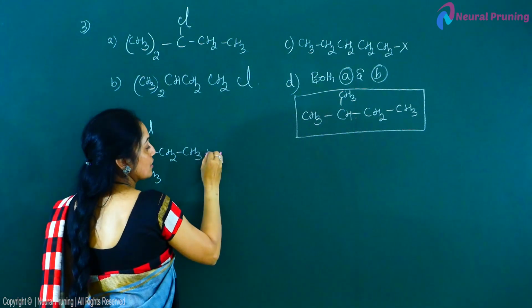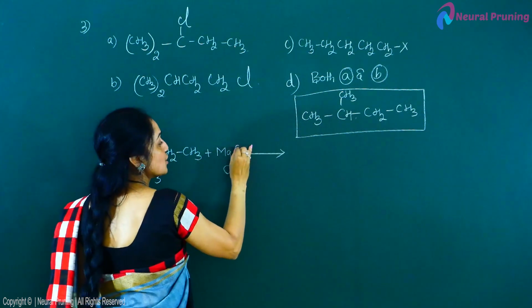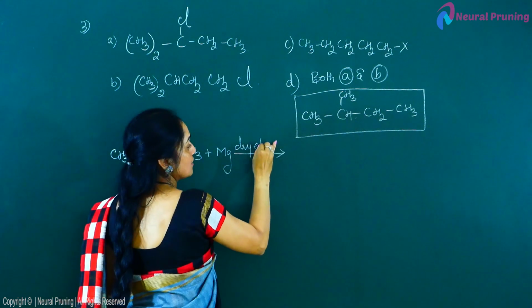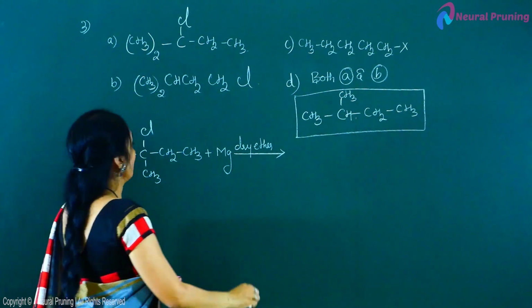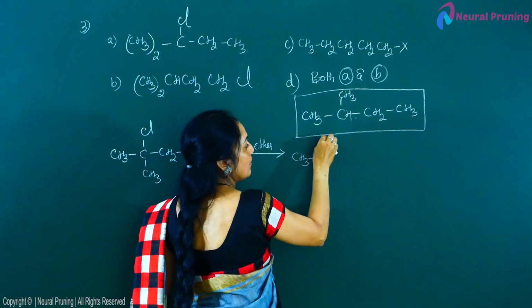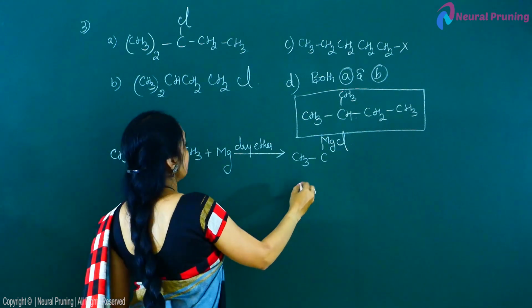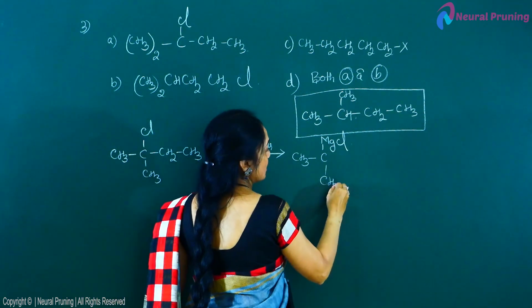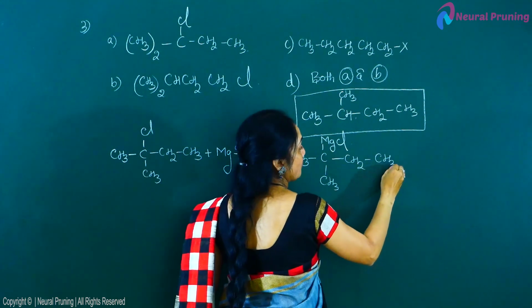According to the question, this has been treated with magnesium in presence of dry ether, which we generally call the preparation of Grignard reagent. So we get the compound as CH3C, here it will be MgCl, right? And then we get CH3, CH2 and CH3.